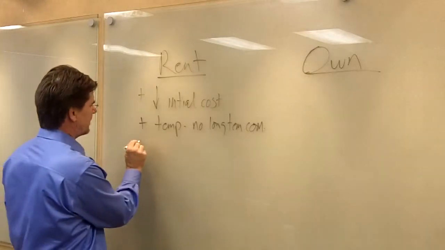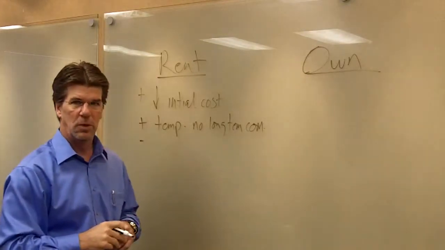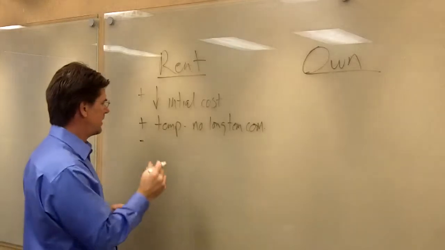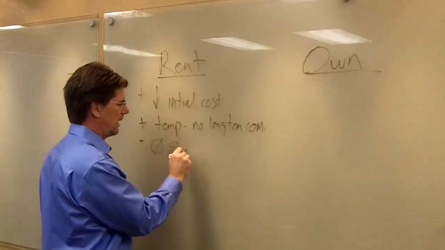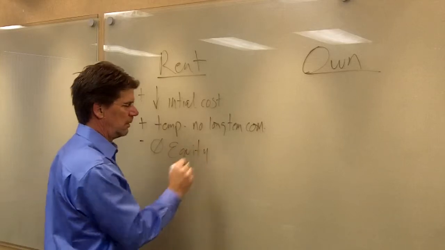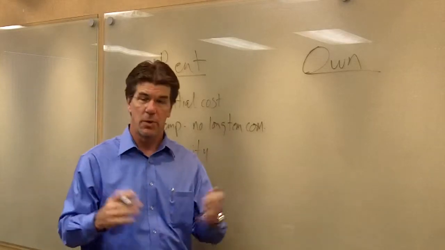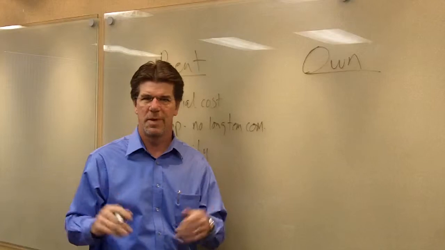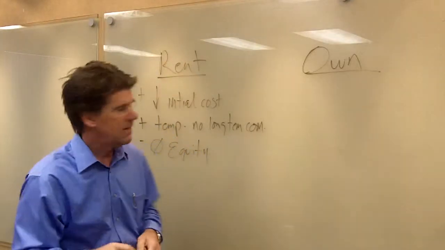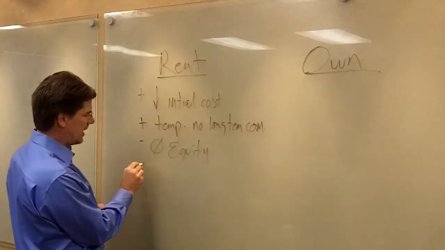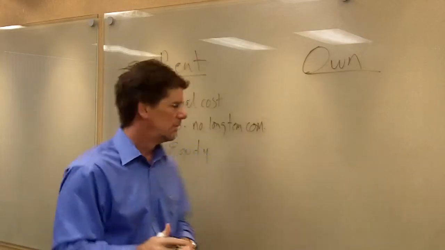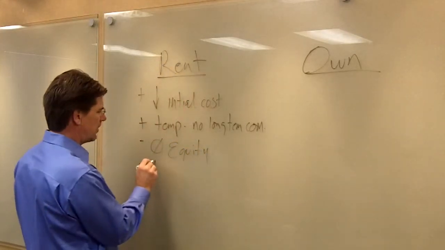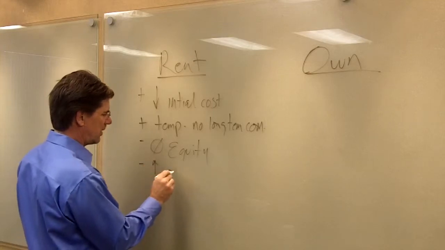What are the negatives to renting? Well, the big one, the first one, is zero equity. Right? You pay your rent, and there's nothing to show for it. You get to live there, but there's nothing to show for it. Everybody understands that. The other negative to renting is, over time, what always happens with rent? It goes up. So over time, you have increased cost.